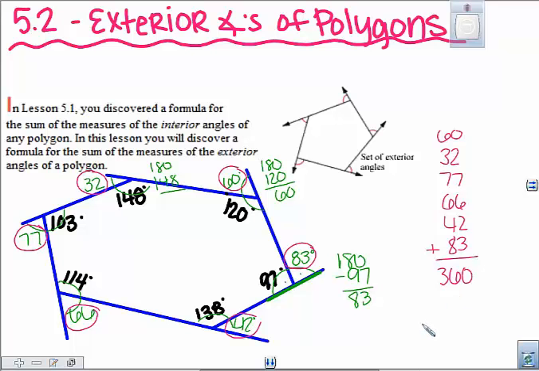So again, if you used a different shape, you should have gotten 360 as well. So no matter what they are, in this one, this is a pentagon, if we went and measured these angles and added them, it would also be 360 degrees.